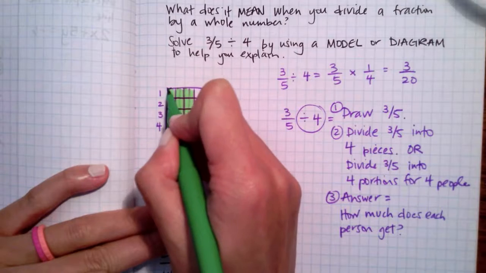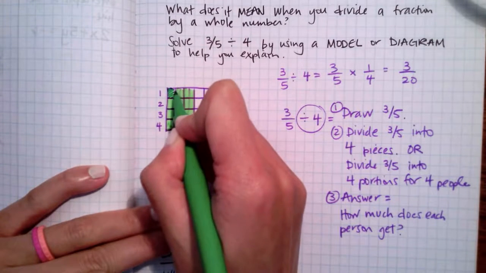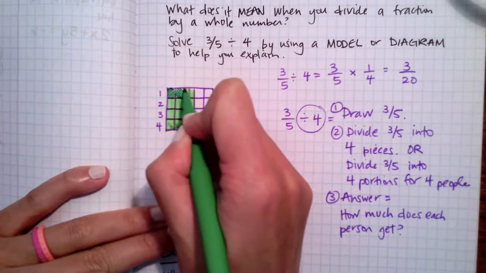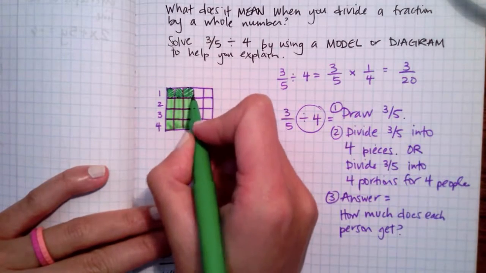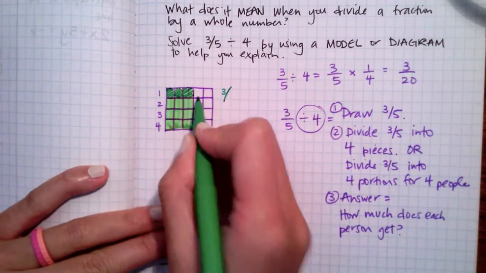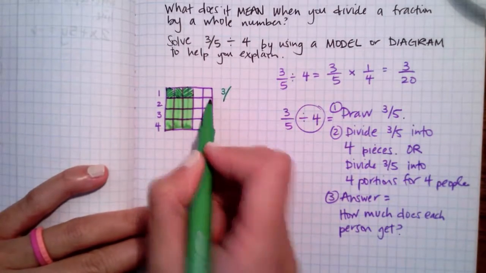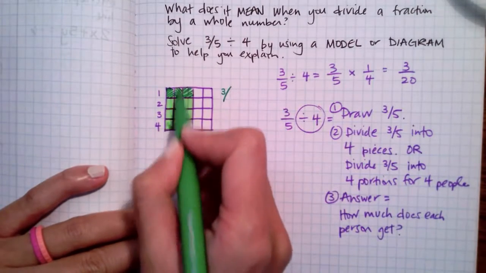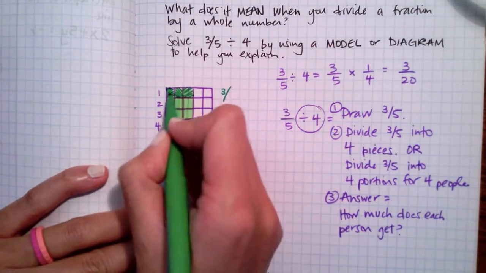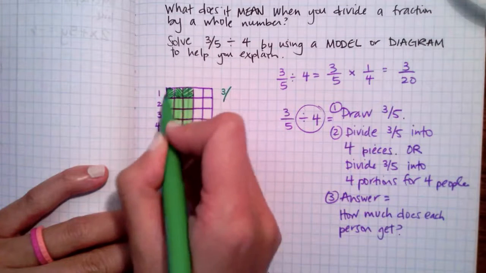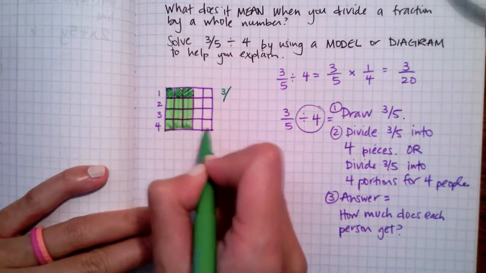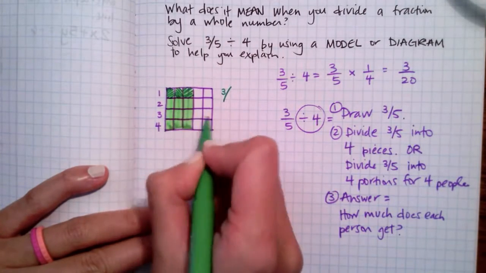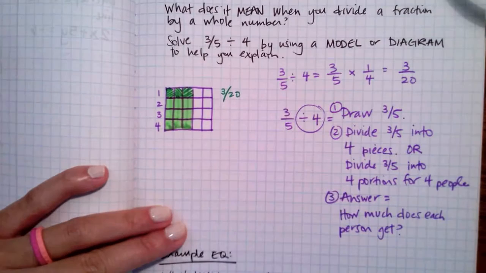Each person will get just one of these rows. So each person gets 3 pieces, but these 3 pieces are super small. It's not 3/5, that's what we started off with. 3/5 is these large columns. How many of these other sizes are there? There's 1, 2, 3, 4, 5, and 4 rows of that 5, so there's 5, 10, 15, 20. So each person gets 3/20ths.